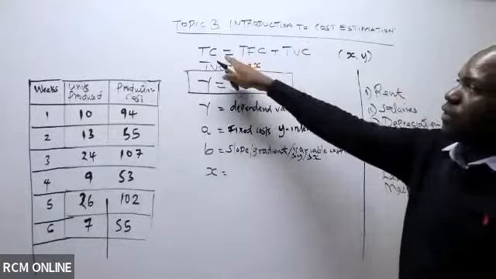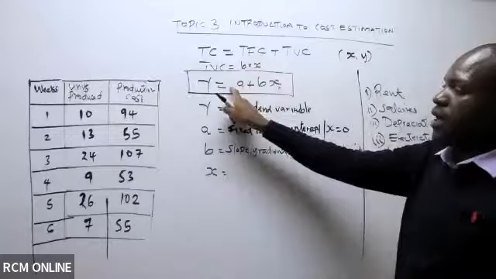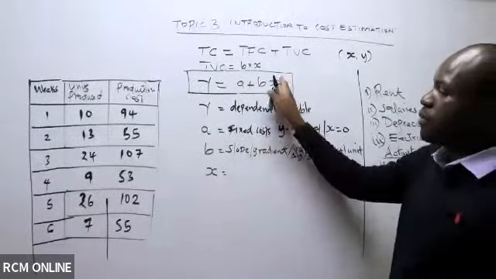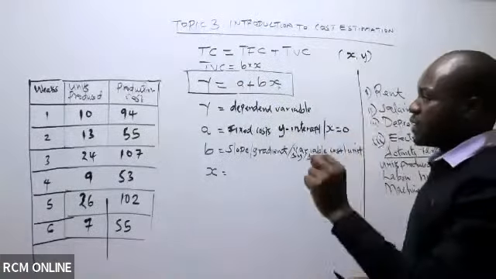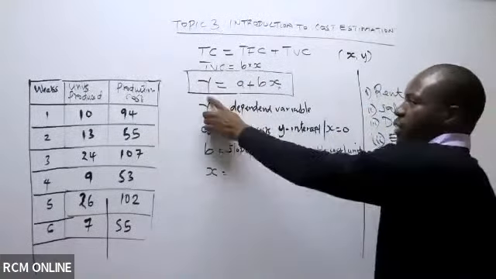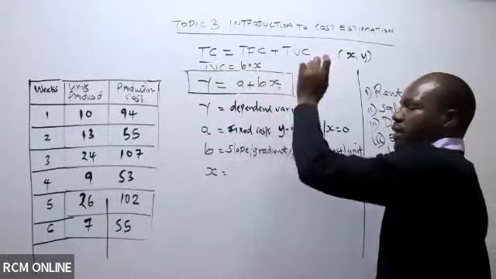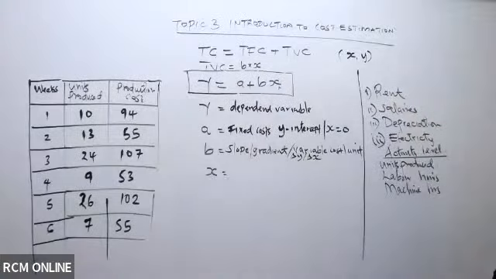So look at our cost function here: y is equal to a plus bx. From this entire function, for us to be able to record changes in y, what do we expect to change? Is it a, is it b, or x?